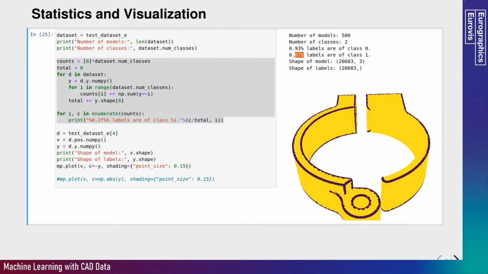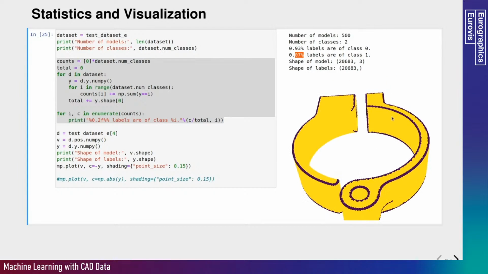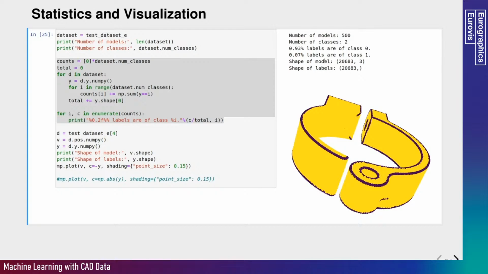And 7% of the labels are of class 1. These are these sharp curves here. Okay, so we have some imbalance in the data, but this is not a huge problem, as we see later that it still works, and there are also techniques that can be used for dealing with such imbalanced data sets.